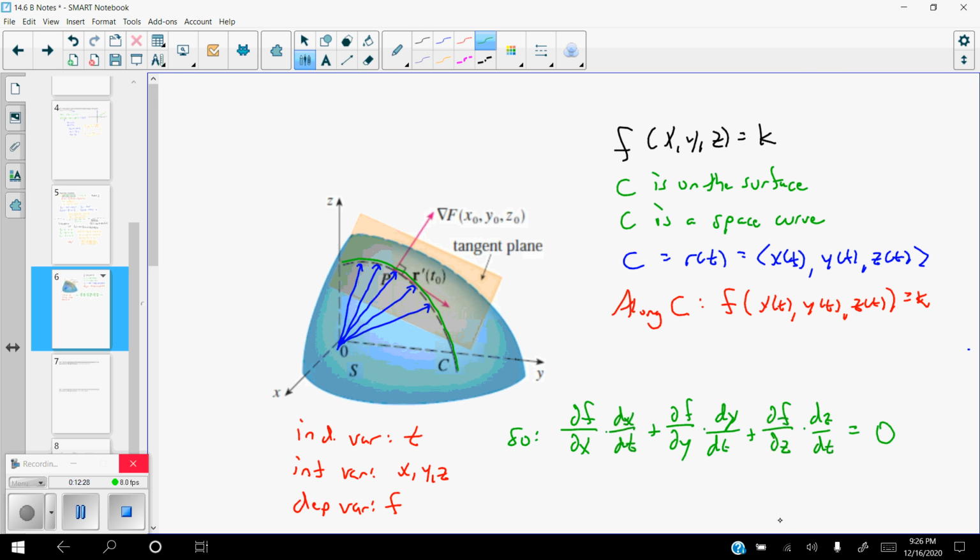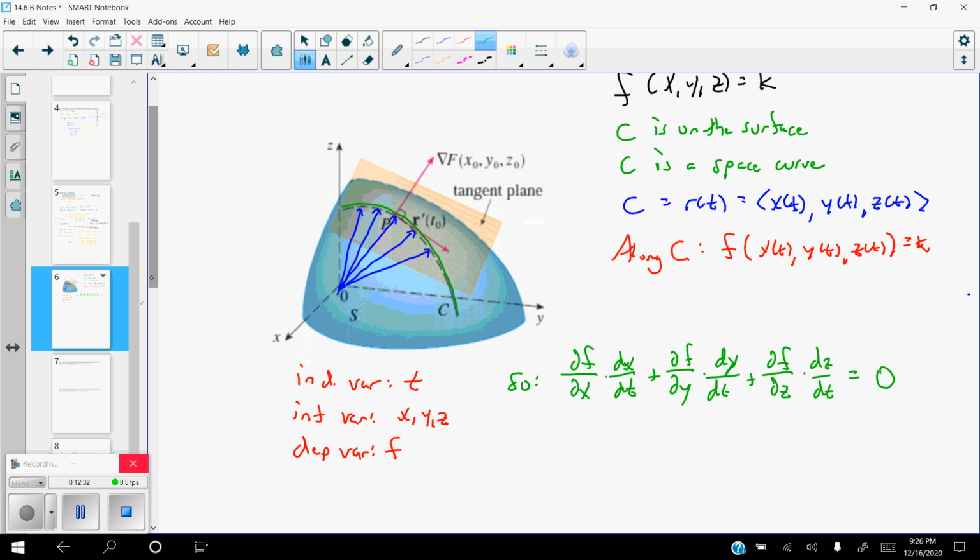So if we set that equal to 0, then this is what we have. This stuff underlined in orange, that's all the partials. That is the gradient.